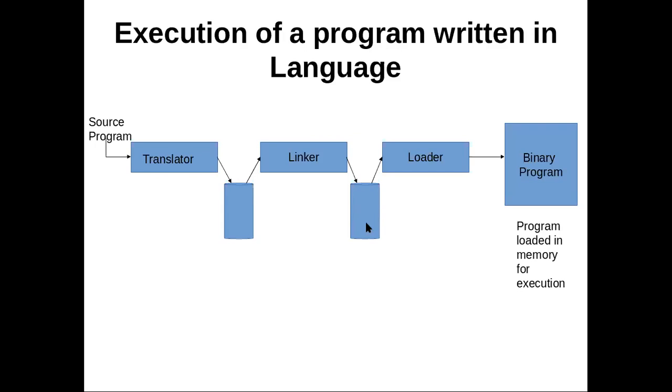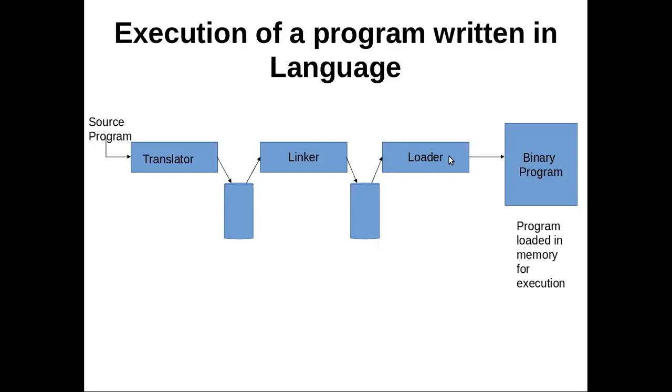Once we are done with the relocation and linking, the corresponding object program, that is nothing but the output of the assembler, will be given to the loader. Loader is the program which will receive the object program or the machine language format program, and it will load it into the memory, and it will prepare that program for execution, and it will start the execution.